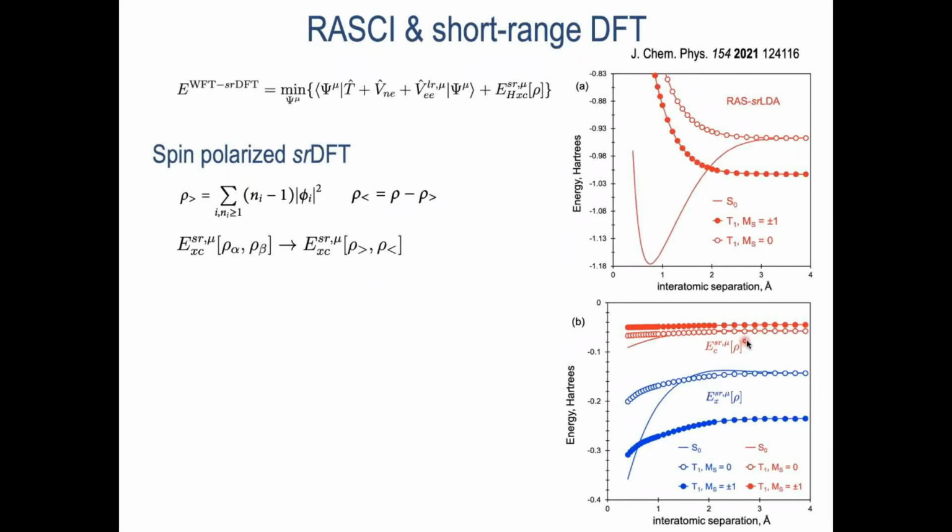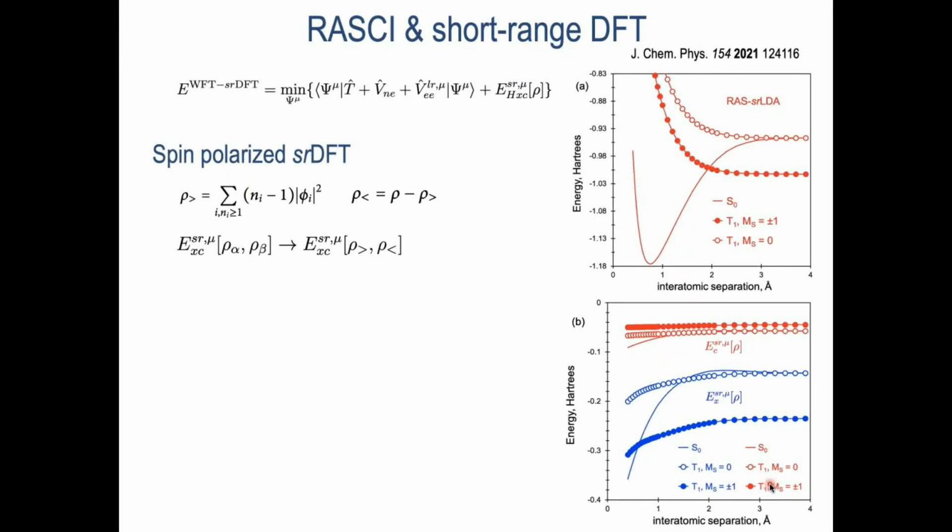And you see that for the correlation part, there is basically almost no difference, but for the exchange it is very different. While we recover the same exchange for the triplet ms equals 0, we have a much lower value for the exchange of the T1 triplet.